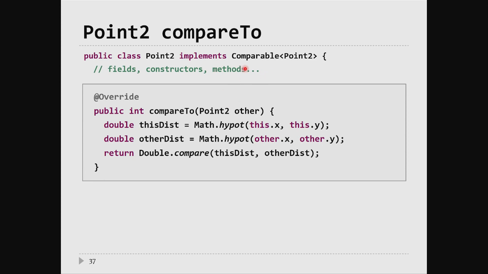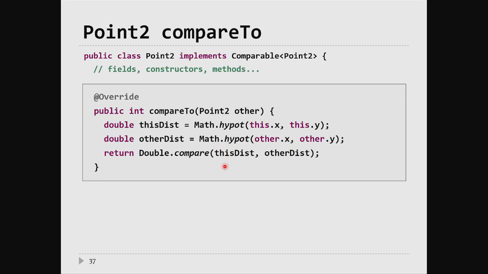When you implement the interface, you have to say that you implement the interface, and then you have to provide a method called compareTo. For the Point class, it's easy to implement compareTo. You compute the distance from the origin of this point, which we do with hypot, and you compute the distance to the origin of the other point, again with hypot.